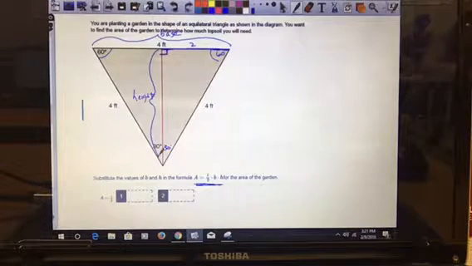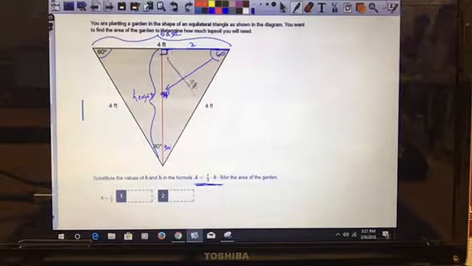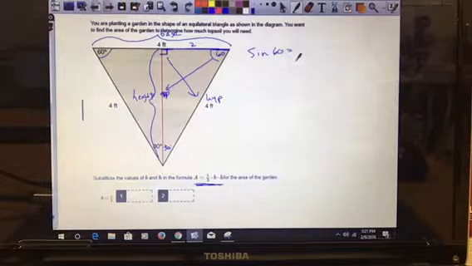You could use the SOHCAHTOA by doing opposite over hypotenuse. So you could do sine of 60 equals the opposite x over the hypotenuse of 4. That's the opposite over hypotenuse. That is going to give you a decimal when you multiply by 4 on both sides.